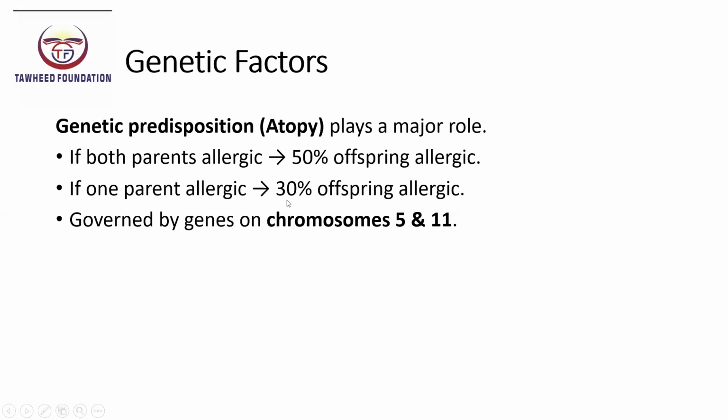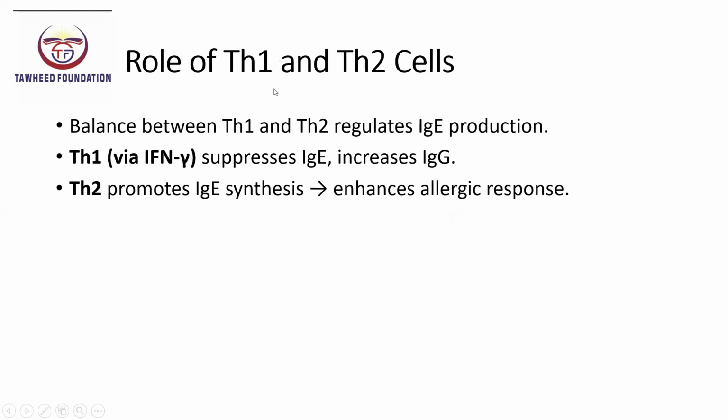If only one parent is allergic, this drops to about 30%. Genes on chromosomes 5 and 11 are particularly important in regulating IgE production and receptor expression, which explains why some families are more prone to atopy.